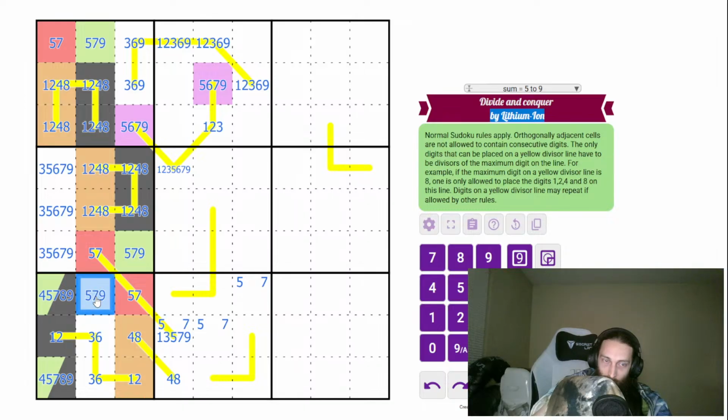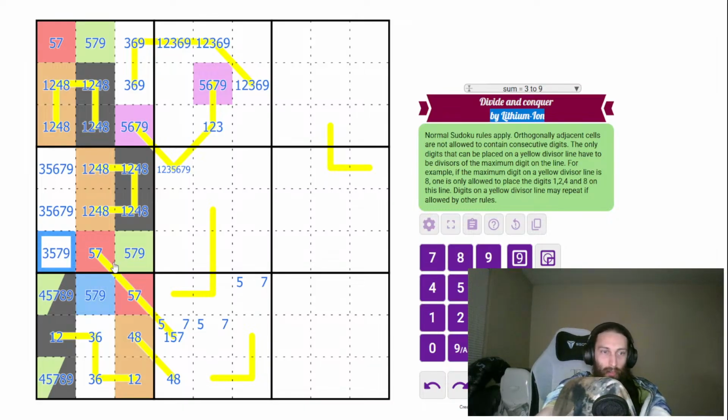So then follow that yellow line of red. That can't be 3 or 9. It's 1, 5, or 7. So this one can't be 6.